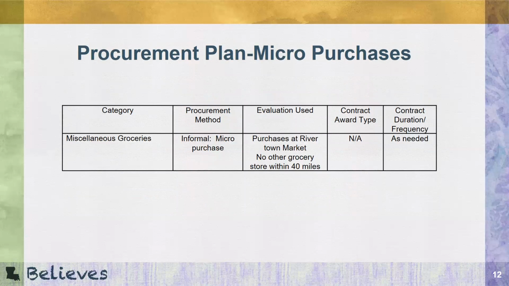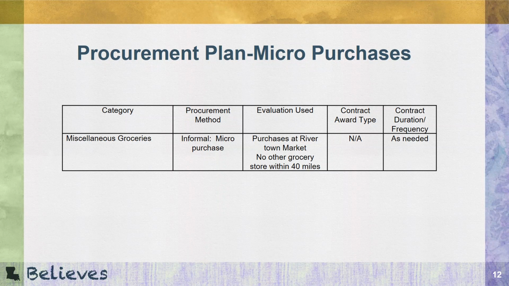Now, if your SFA is in a small rural area where there's only one local store within a reasonable distance, you indicate that in your procurement plan. So, for example, in this procurement plan, this SFA is in a very rural area, and the closest grocery store, other than Rivertown Market, is 40 miles away.